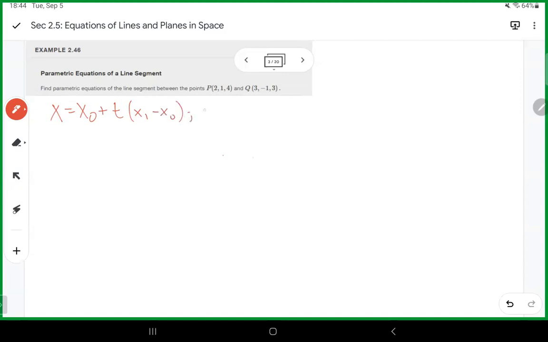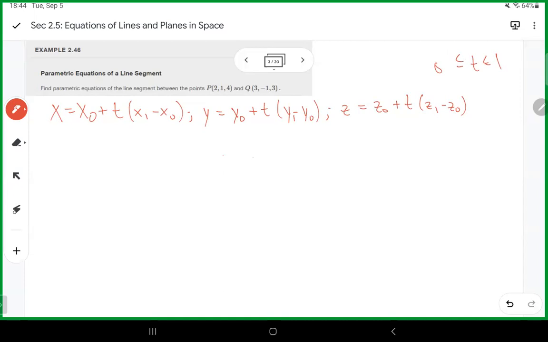Then you have y equals y sub 0 plus t times (y sub 1 minus y sub 0). And then z is equal to z sub 0 plus t times (z sub 1 minus z sub 0). And t has to be greater than or equal to 0 and less than or equal to 1.